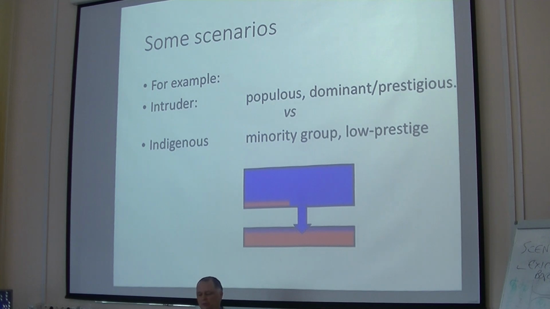But then, really, over time, we're going to see more and more of those blue people having an effect on the original red population, and it will increase and increase and increase. And we will slowly but inevitably, I think, given a populous, newly arrived group with a prestigious language and a low prestige minority group, not see that minority language survive. You'll notice even their earlier influence on the arriving population vanished over time.